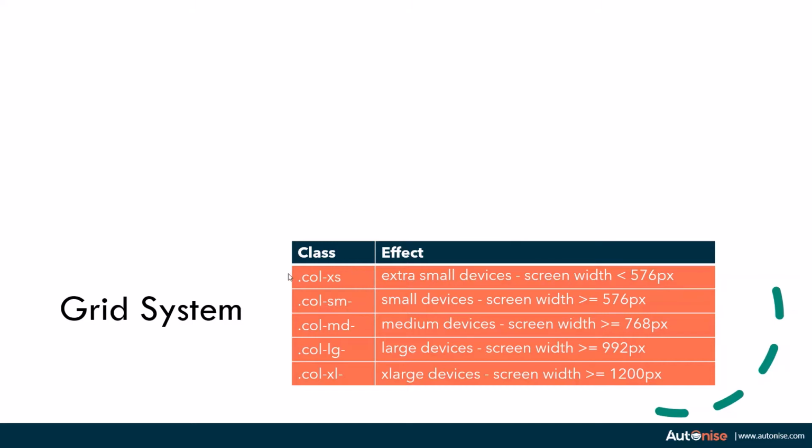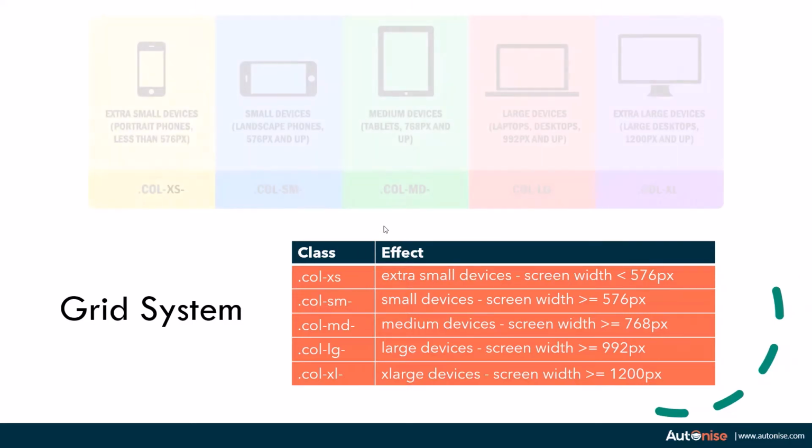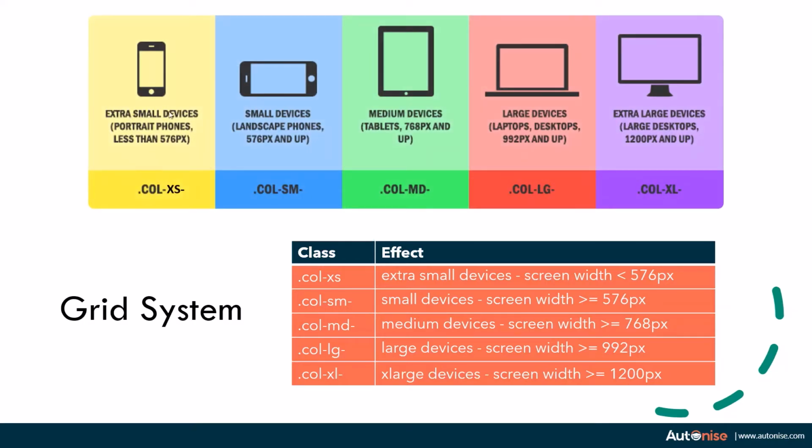So when should we use col-xs and when should we use col-sm? On very small devices, in portrait mobile phones, the width is less than 576 pixels. So if you are targeting such a device, you should use col-xs. But if you are targeting a mobile in landscape mode, then you should use col-sm.